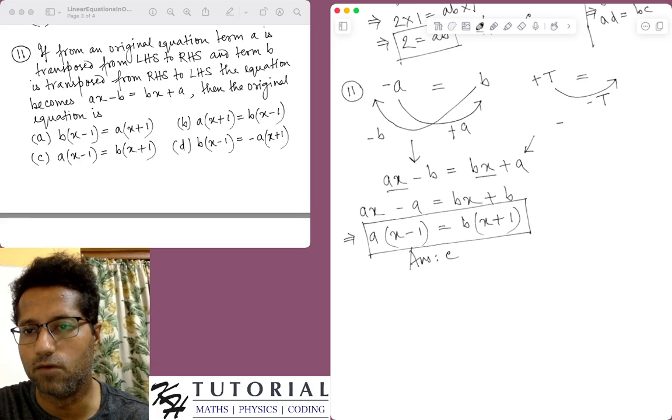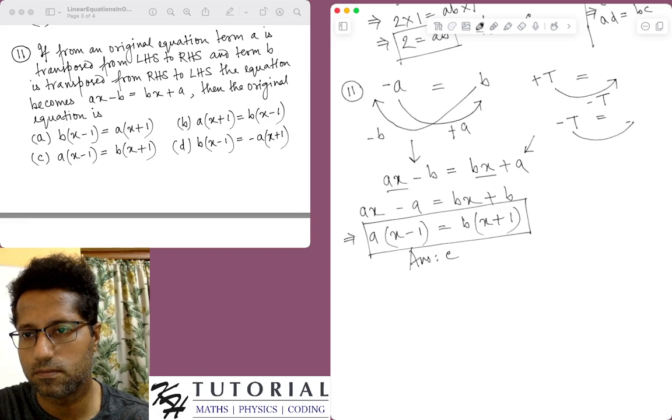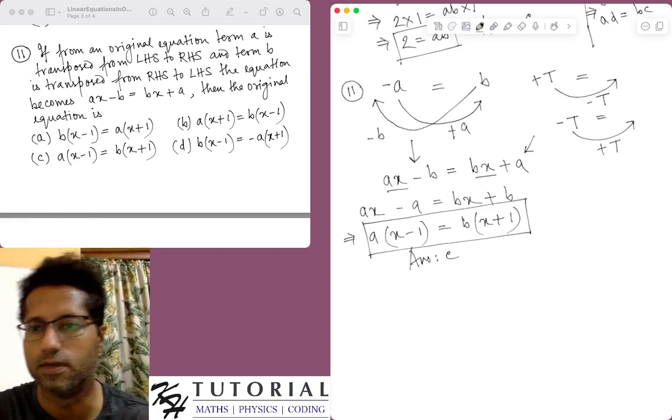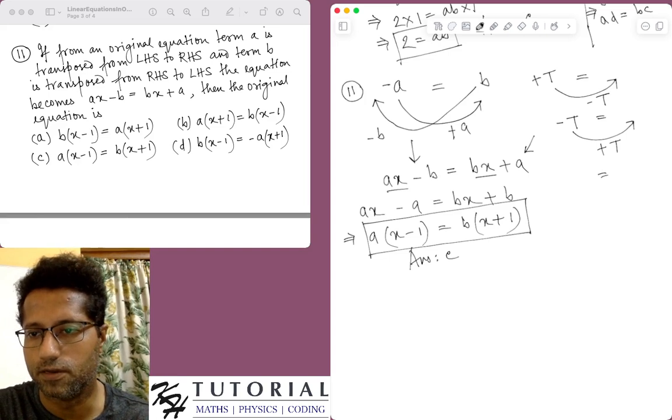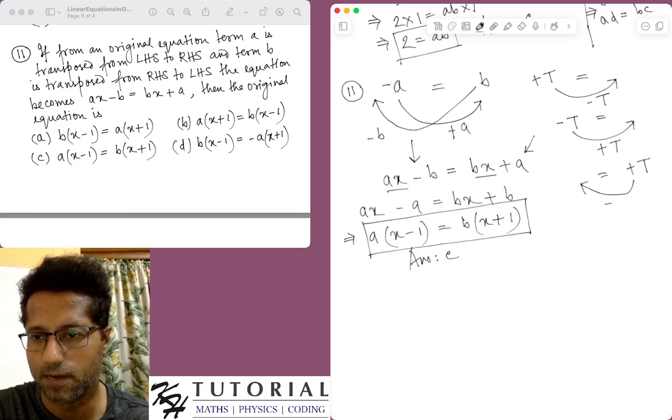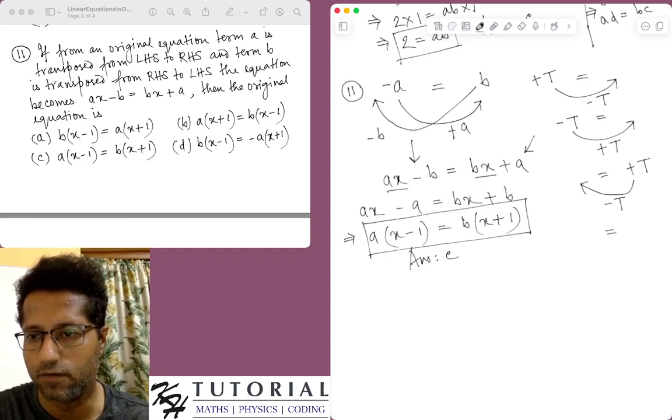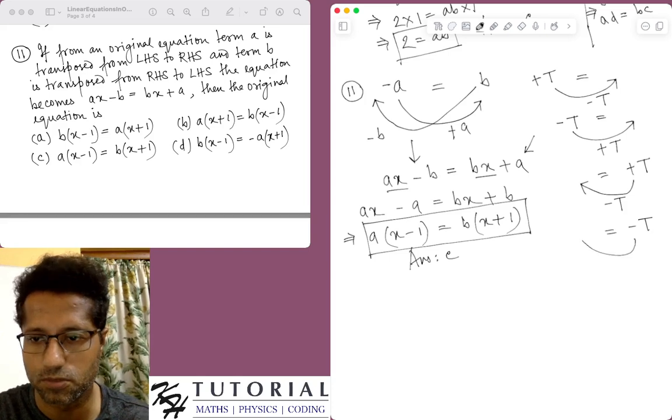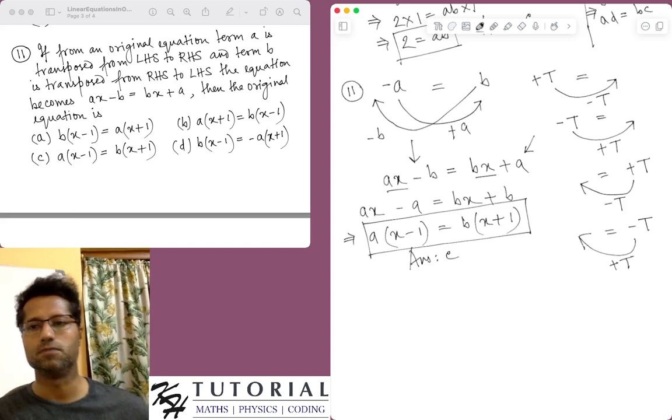And if it was minus t in the equation, and you transpose this to the RHS, it will become positive t. Similarly, if there is positive t on the RHS, and you want to transpose this to the LHS, it will become minus t. And if it was minus t, and you want to transpose this to the LHS, it will become positive t. So this is the concept used.